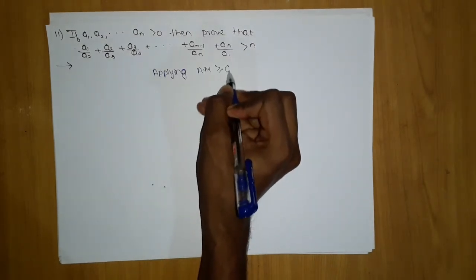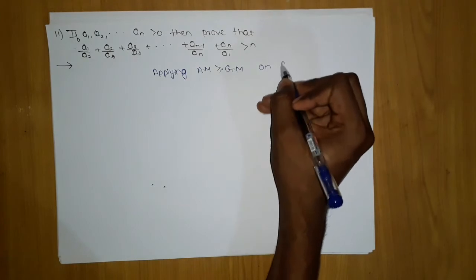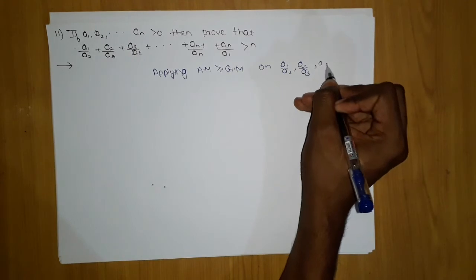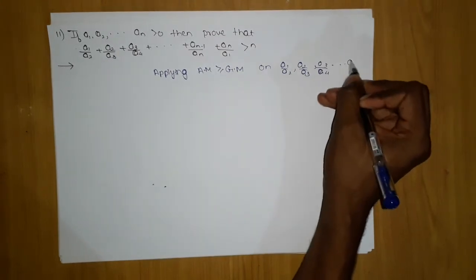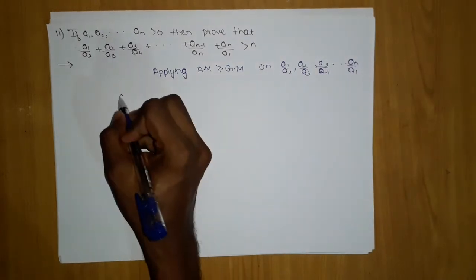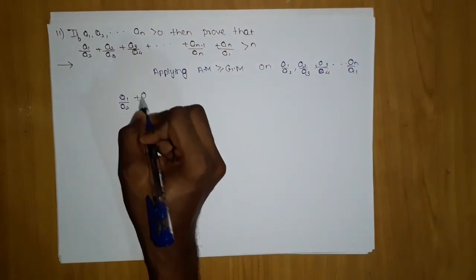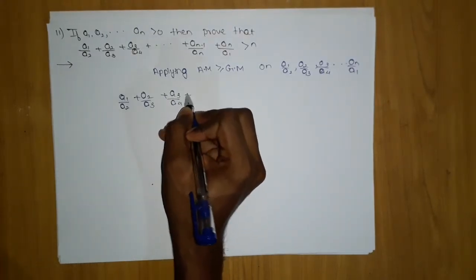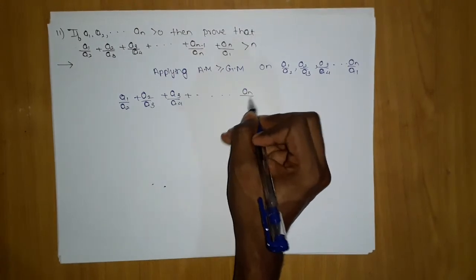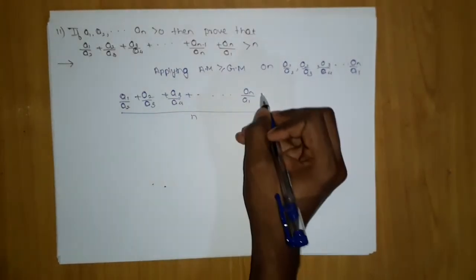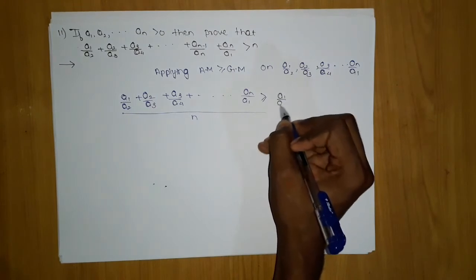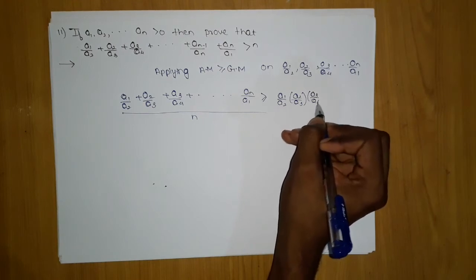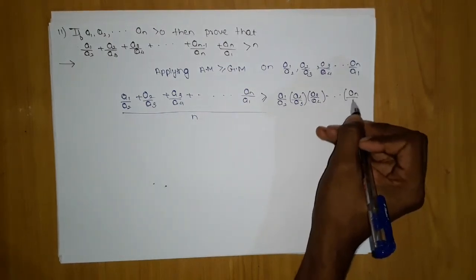AM greater than or equal to GM on a1 upon a2, a2 upon a3, a3 upon a4 and so on till an upon a1. See what we have: a1 upon a2, a2 upon a3, a3 upon a4, so on till an upon a1, is greater than or equal to, under the whole power 1 by n, a1 upon a2, a2 upon a3, a3 upon a4 till so on an upon a1.